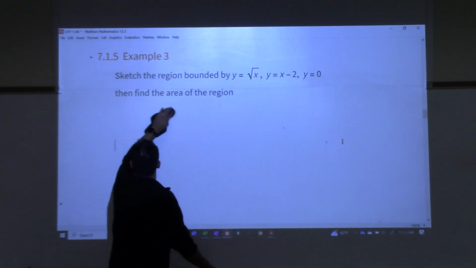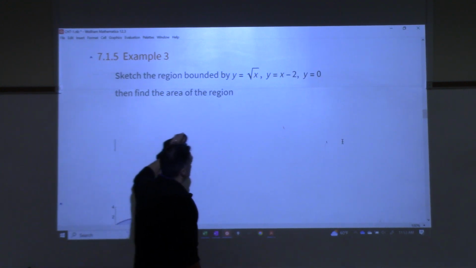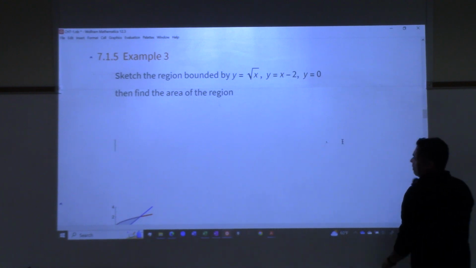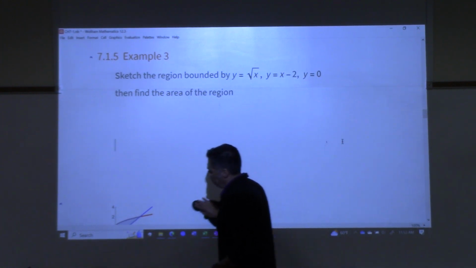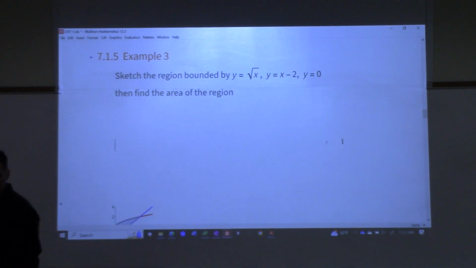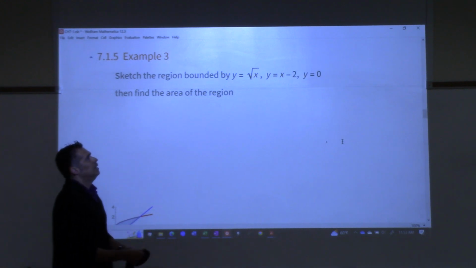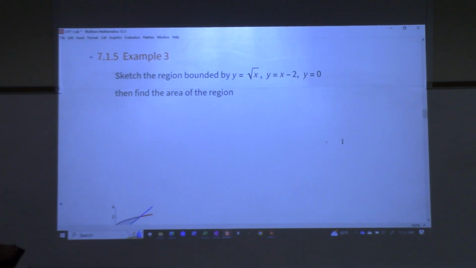Is it fair to say that everything is ultimately a function in some way? Any equation is going to make a function, it just might not be defined. Not every relationship can be defined as a function.